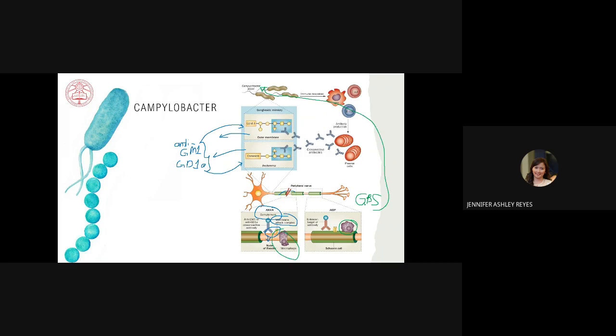Pwede rin na nagkakaroon ng immune response, and pwede rin nagre-release ng bacterial toxin ang ating Campylobacter, which can directly damage nerve cells and pwedeng magka-produce ng nerve dysfunction even without the binding of the antibodies. So those are several mechanisms that can lead to the development of Guillain-Barré syndrome because of Campylobacter infection.